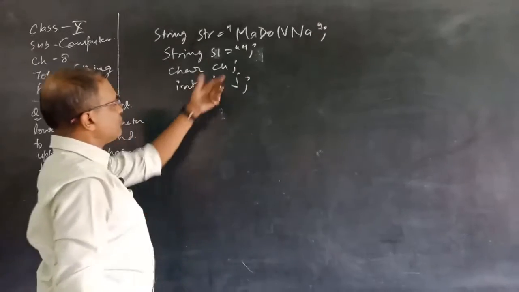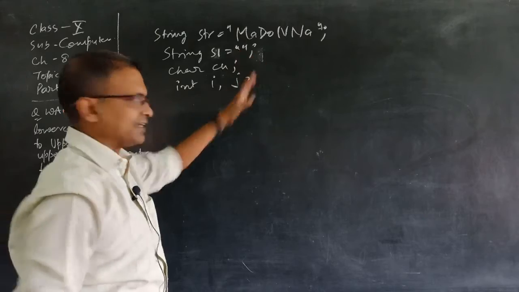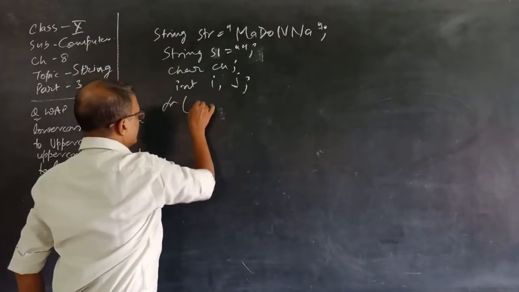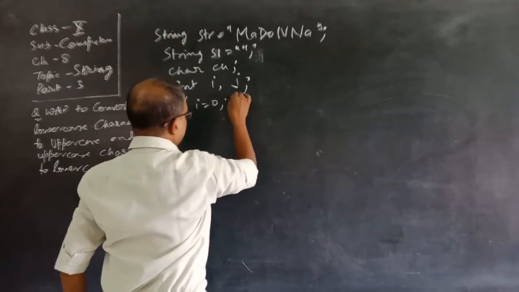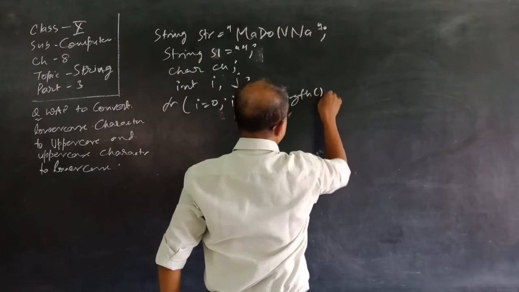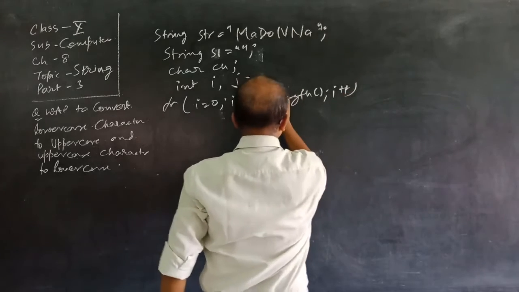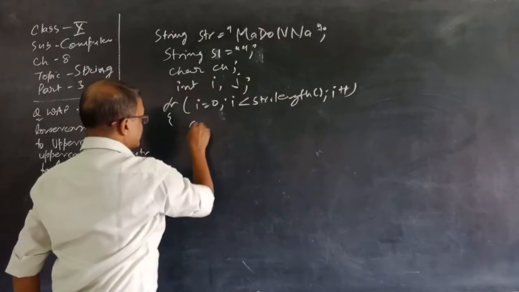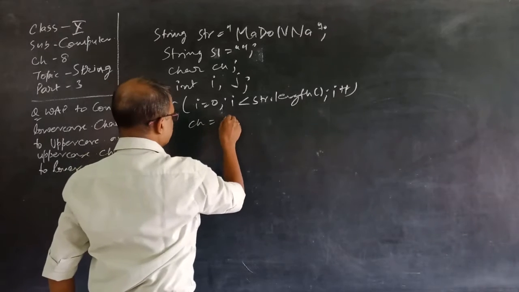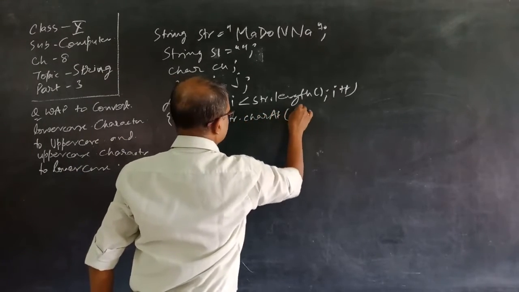In this case we will have to use the ASCII values concept that we have already discussed in class 9. Apply the loop for i equal to 0, i less than str.length() and i plus plus. First of all, extract a character ch equal to str.charAt(i).